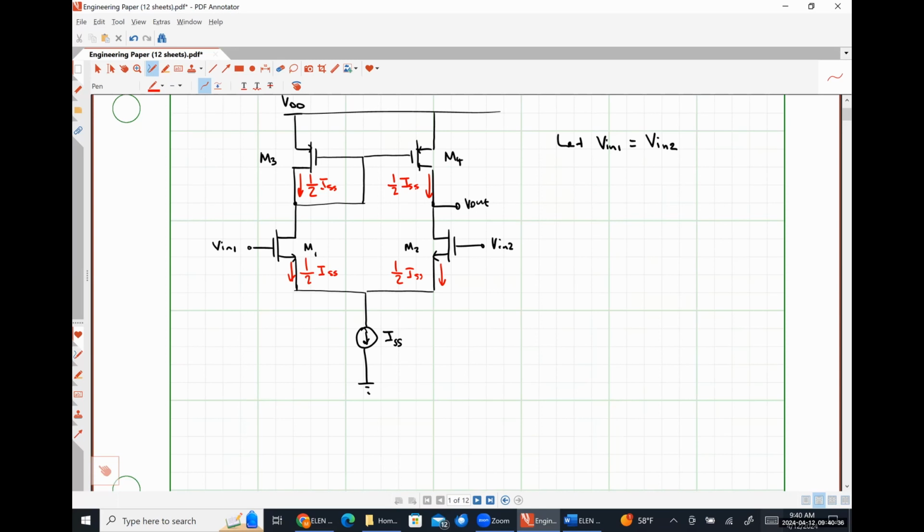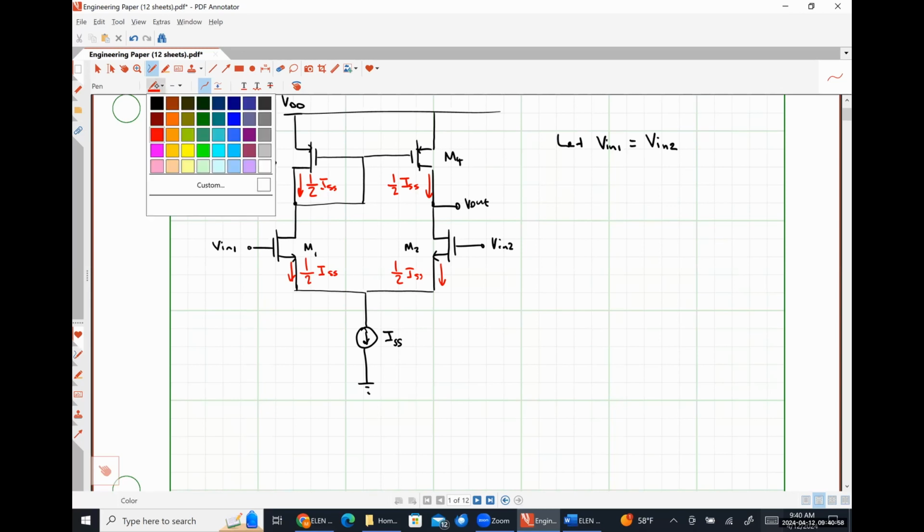So that we'll have a 1/2 ISS, right? So surprisingly enough, that's literally all of the information that we need to figure out what our DC output voltage is going to be.